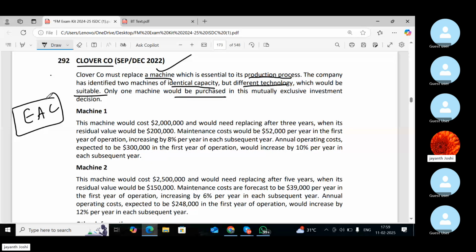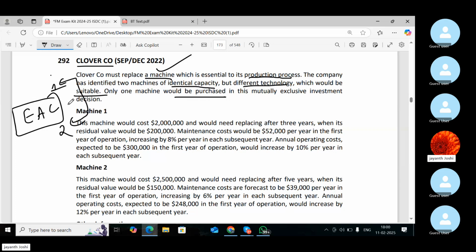So that is what we are going to do here. So we need to find out the equivalent annual cost for machine 1, equivalent annual cost for machine 2, and we need to look which one is the least one out of these two. The least one should be picked.